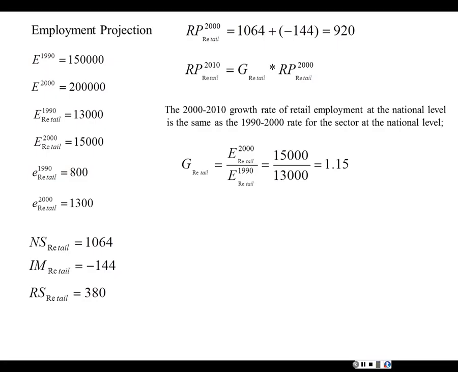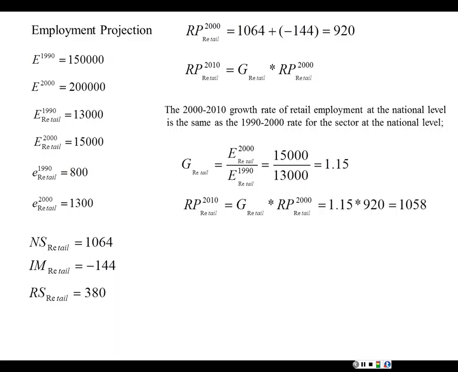The past trend is that between 1990 and 2000, the retail employment grew from 13,000 to 15,000, growing by 15%. If you directly take the ratio, it will be 1.15. So 2000 retail employment is 115% of the 1990 retail employment, and this trend is going to continue.